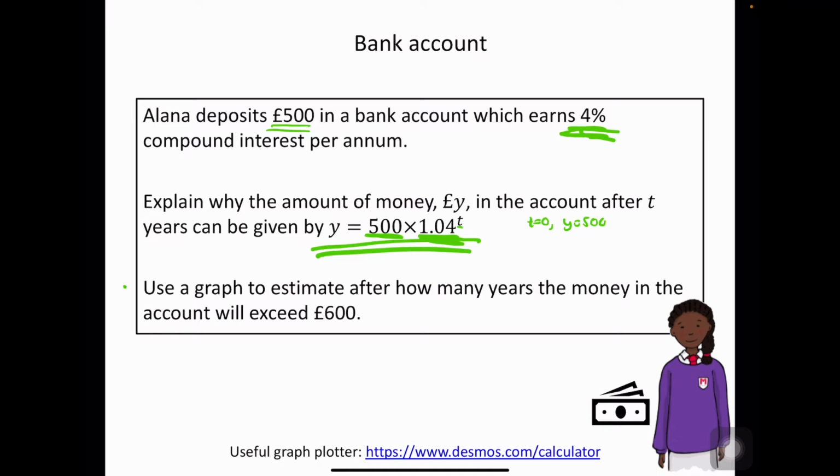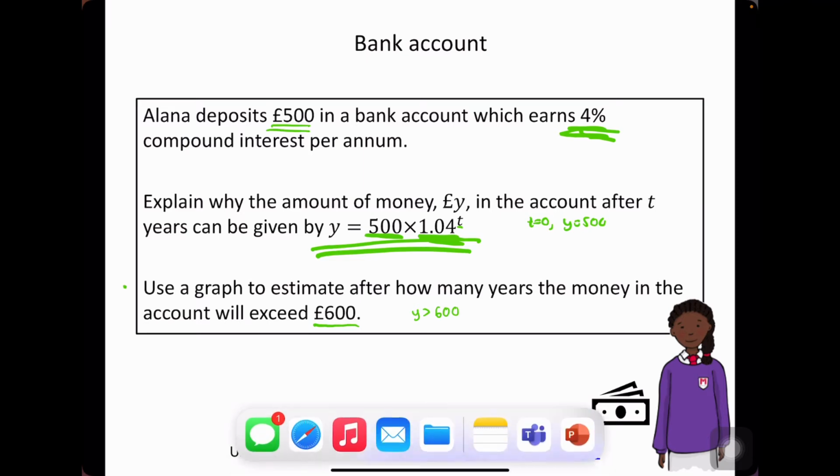Use a graph to estimate after how many years the money in the account will exceed £600. So in other words, when is y higher than 600? When is it first higher than 600? So 500 multiplied by 1.04 to the t.